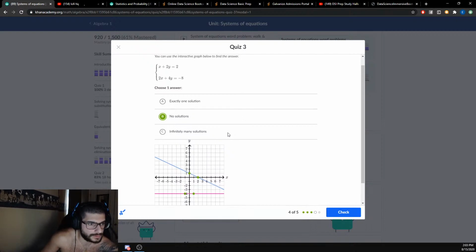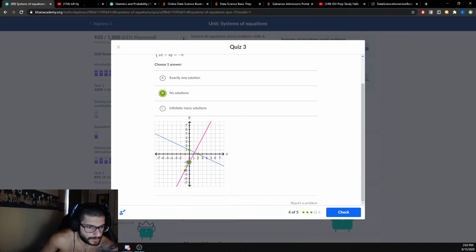Next equation is going to be 4y equals -2x minus 8, divided by 4. y equals -x over 2 minus 2. So this one's going to be -2. And same thing. 1, 1, 2.